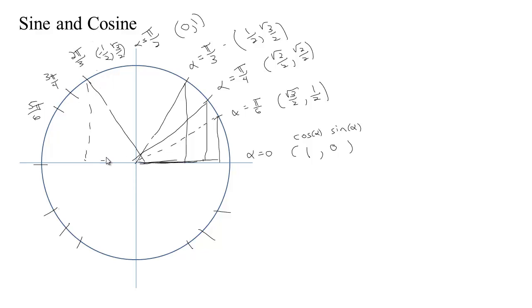At 3pi/4, we're going back and up, so the cosine's negative root 2 over 2, but the sine is positive root 2 over 2. And at 5pi/6, we're going back root 3 over 2, right, and up 1/2. We could say that pi/6 is the reference angle for 5pi/6. It tells us the distances we should go. We just have to give them the correct sign for the quadrant that we're in.